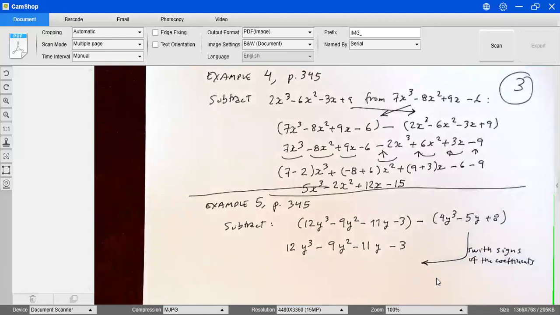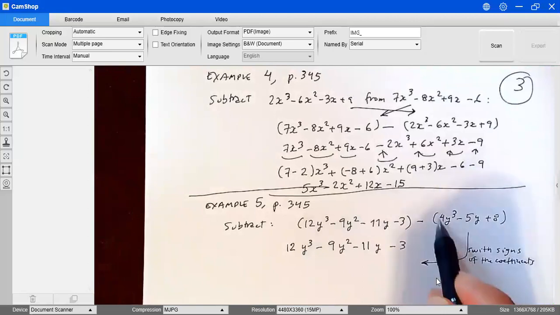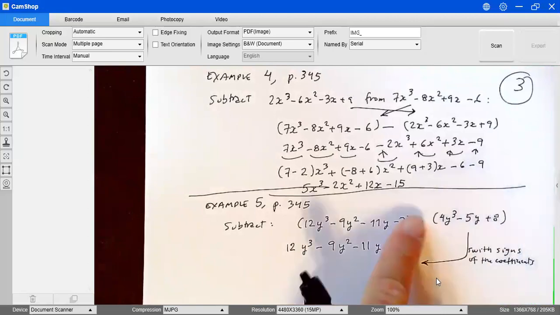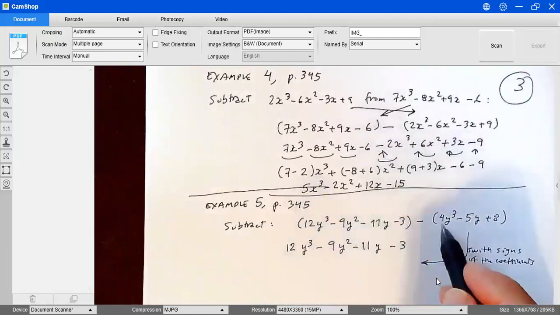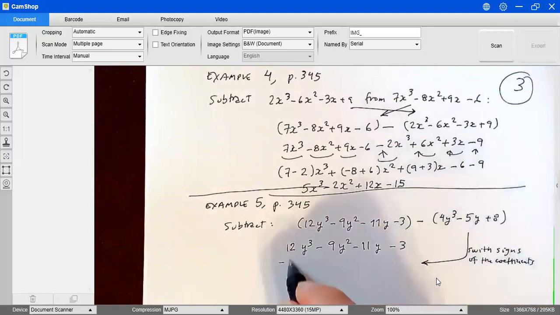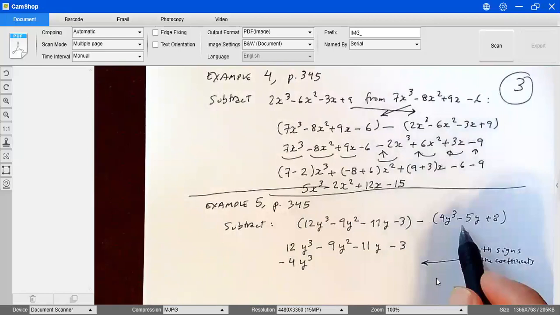So I'm going to write in the corresponding column. So check what is inside of the parenthesis. We have a negative, but it's outside. So inside of the parenthesis, I have 4y cubed, which is positive 4, is going to become negative 4y cubed. Now I have negative 5y is going to become positive 5y.